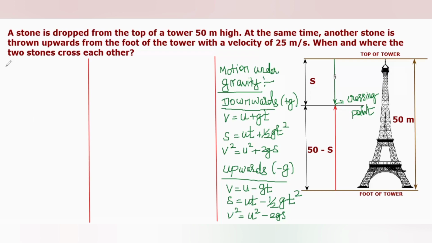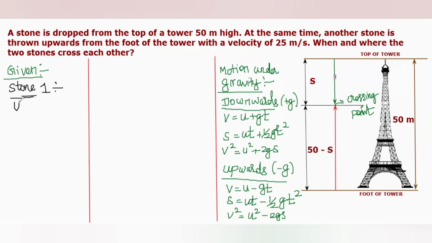First, we start with the given data. Here there are two motions, like we have two objects. Stone one moves downwards, and it is dropped from the top of a tower. So for stone one, I'm going to use the suffix 1.